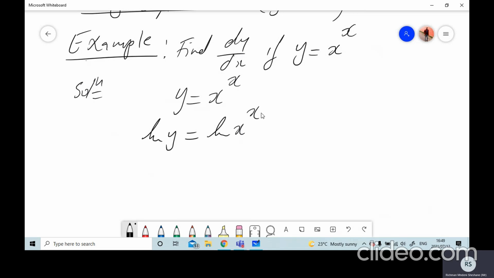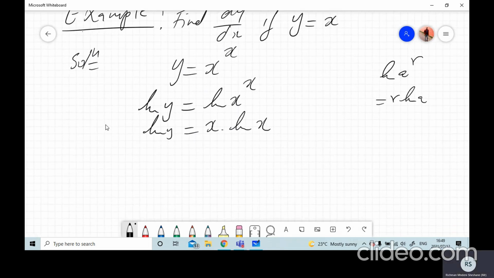With log properties, ln of a to the r is r ln of a, so we can take this r down. So this will be ln of y equal to x times ln of x.